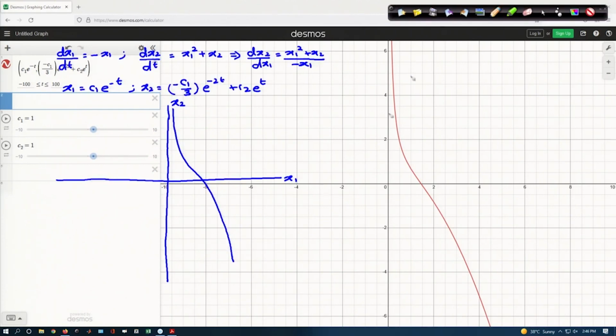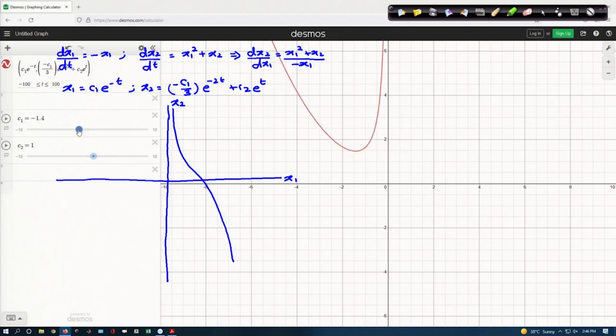Let me change the values of different parameters so as to get different curves. Let me change C1, make it negative, and let us see what happens. You get this curve. Let me make another change and let us see what happens.